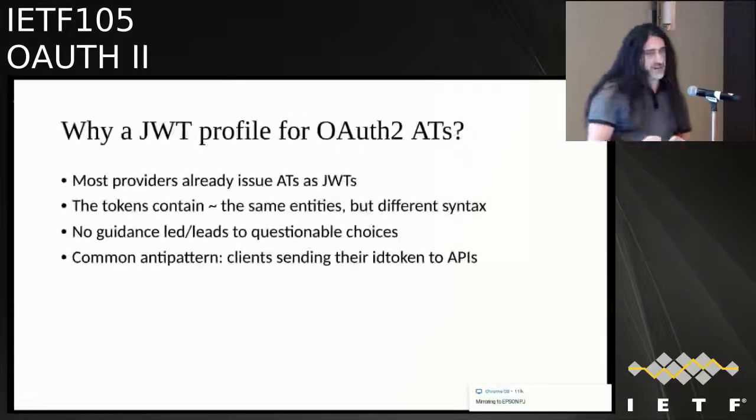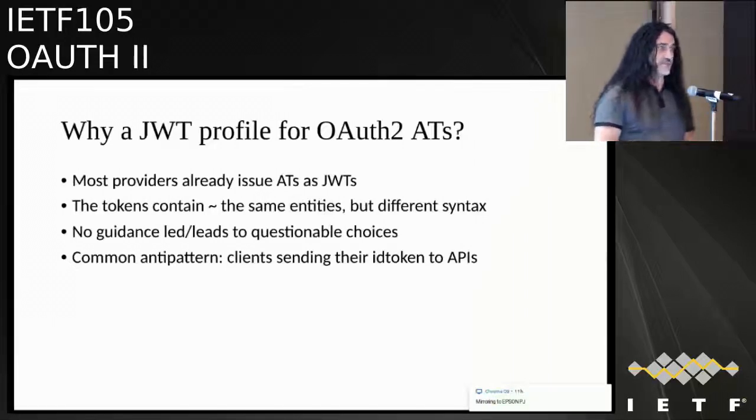All right, so let's do the recap. Great, so why are we doing this? Once again, in current use, most authorization servers already use JWTs for access tokens. I have made formal presentations in which I have presented some research showing that more or less every vendor conveys the same information.